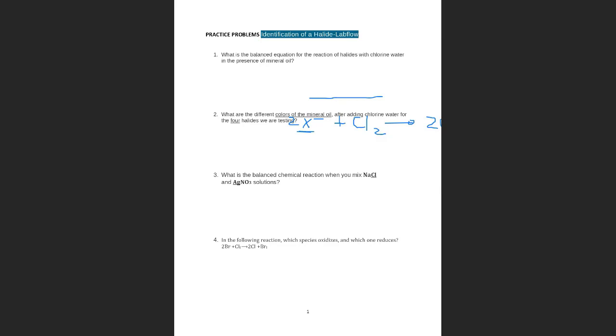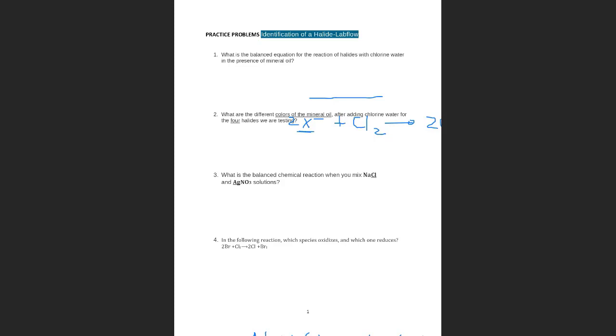What is the balanced chemical reaction when you mix sodium chloride and silver nitrate solutions? So you have a solution of sodium chloride, and we write aq because it's a clear solution, and you mix it with silver nitrate that is also a clear solution.